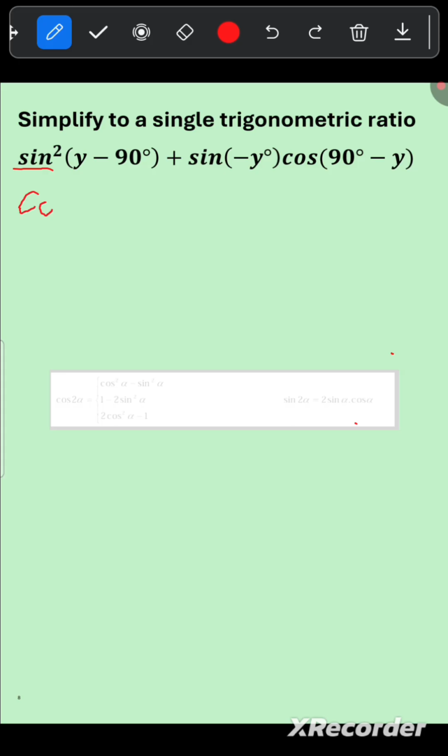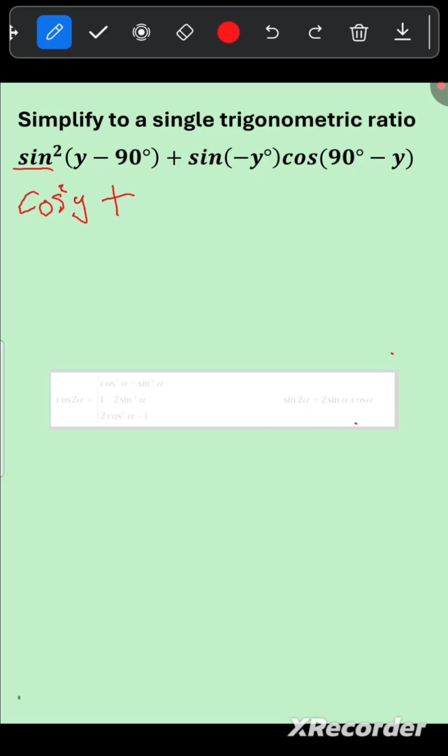So this is now cos squared y. And I don't determine whether the sign is positive or negative because it is squared. When it is squared, no need to determine whether the trig ratio is positive or negative. It will always be positive as long as it is squared. Every squared number is positive, right?